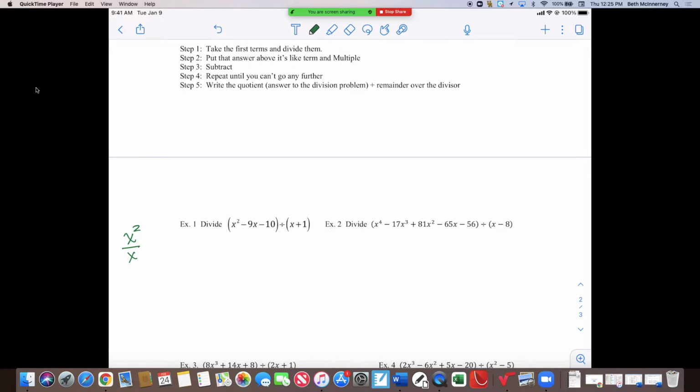So I divide them, and you're going to put that answer above its like terms. So here's what I mean. We're going to take x plus 1 going into x squared minus 9x minus 10. You take the first terms, x squared, and divide by x.